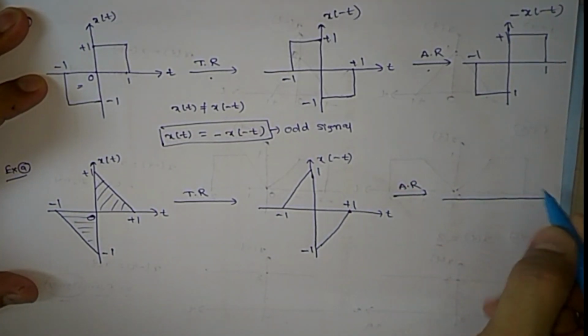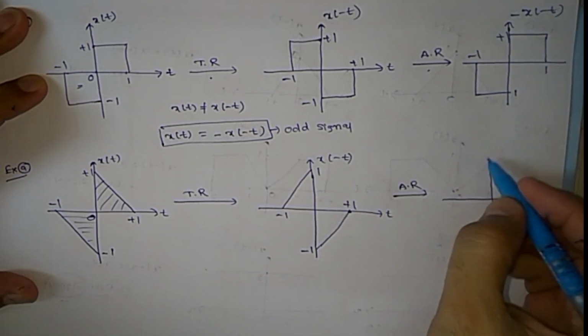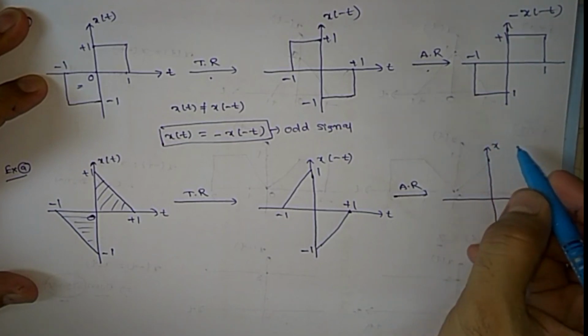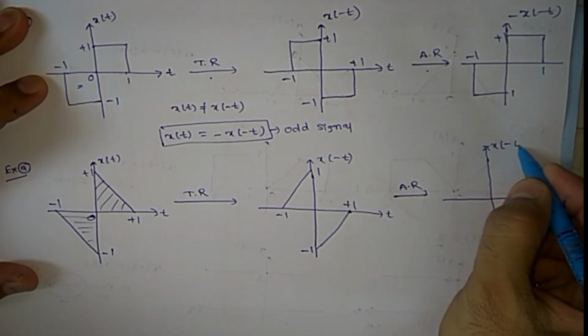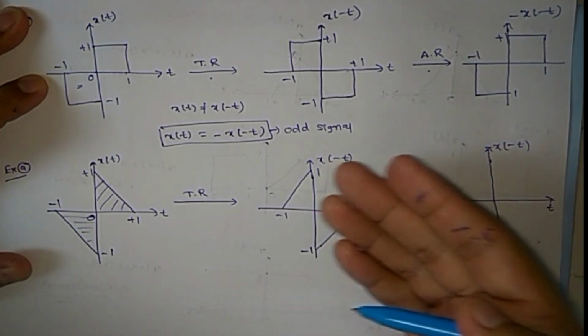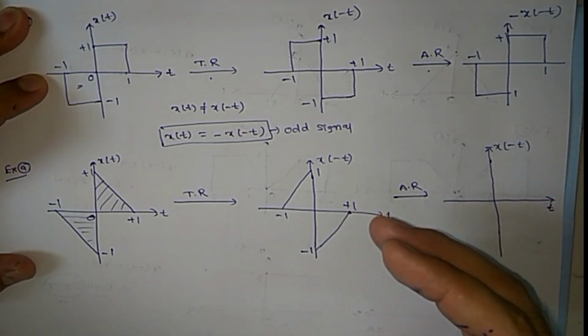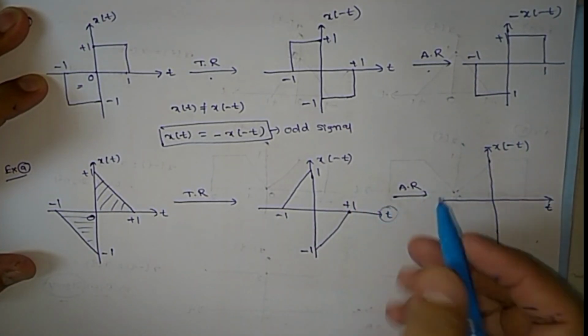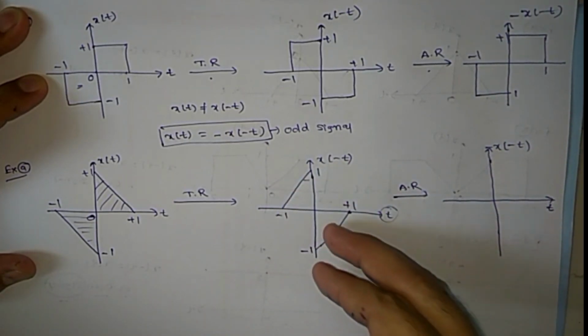So next, again I am doing amplitude reversal. Let us see amplitude reversal. This complete signal I am multiplying with minus 1. So we need to rotate with respect to the x-axis now. Whatever signal is there, this will come downside, and whatever signal is there, this will go upside.